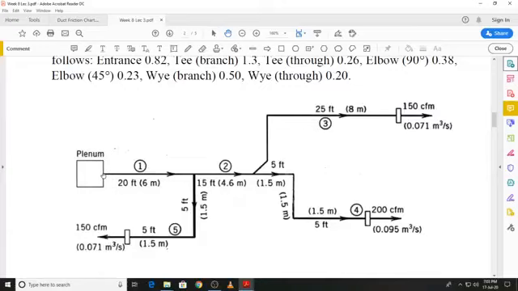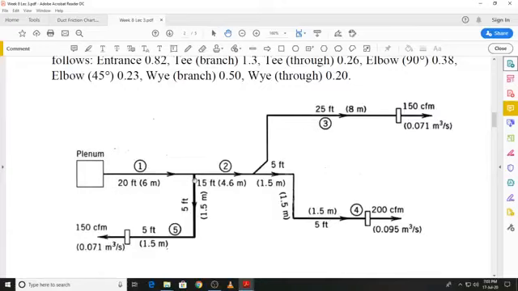When we start with segment 1, right at the beginning there will be a dynamic loss due to the entrance effect. Then we have the straight section. So for run 1 we will calculate the dynamic loss plus the frictional pressure drop due to the straight portion of segment 1. Then we will move into segment 5, and when we move into segment 5 we go from the T into the branch.